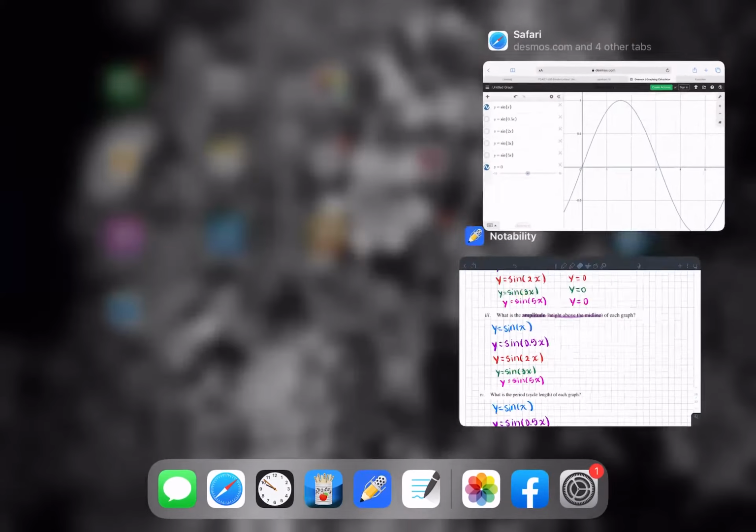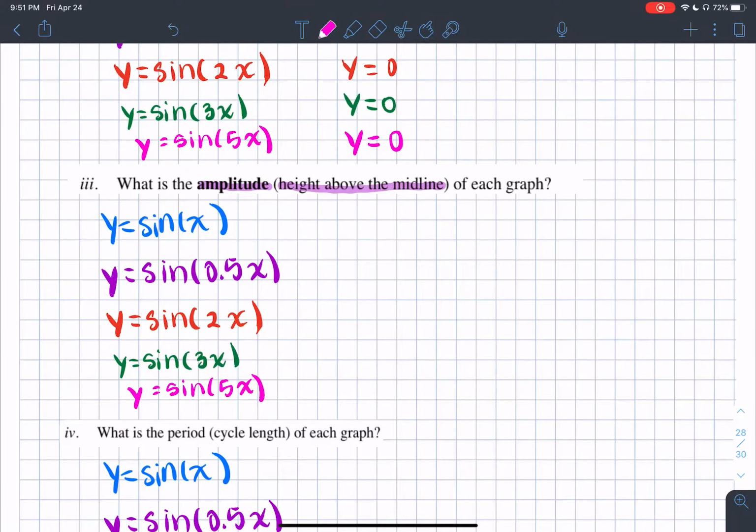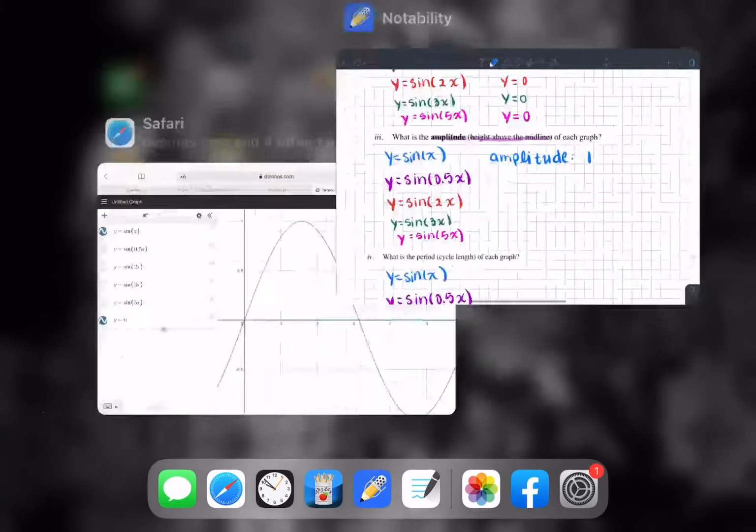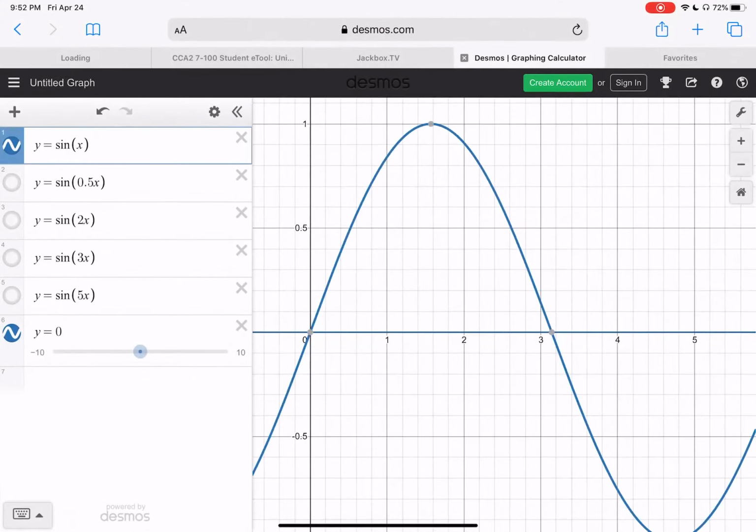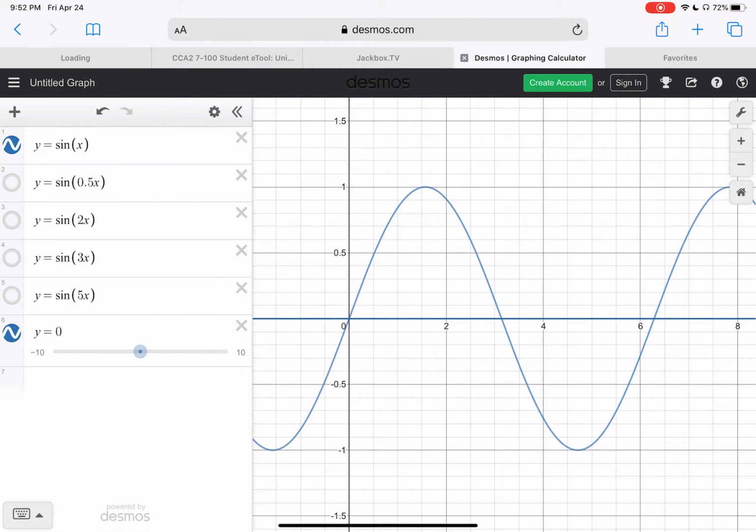So our height, or our amplitude, is 1 for y equals sine of x. Go ahead and find the amplitude for each of the rest of the graphs now if you haven't already. Pause the video now to do this.